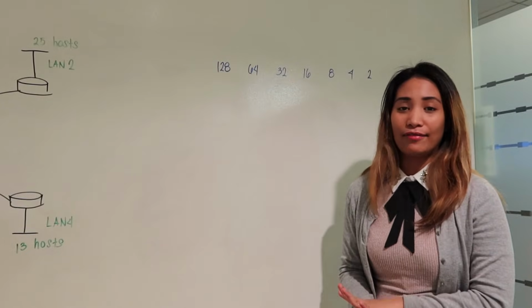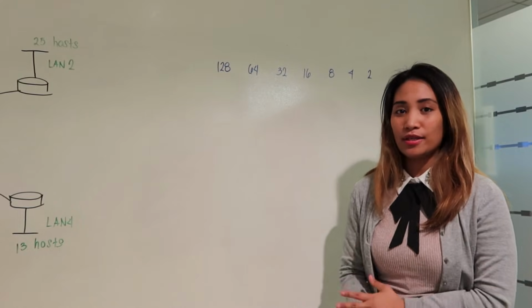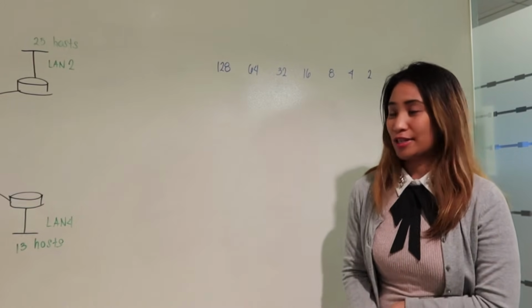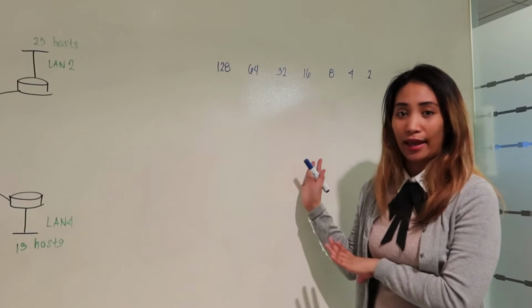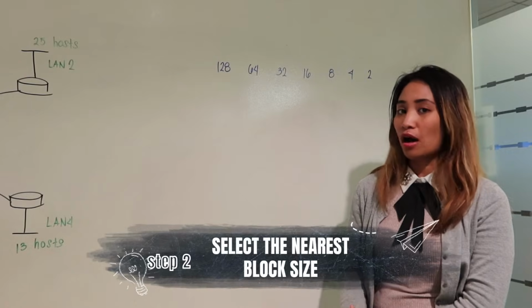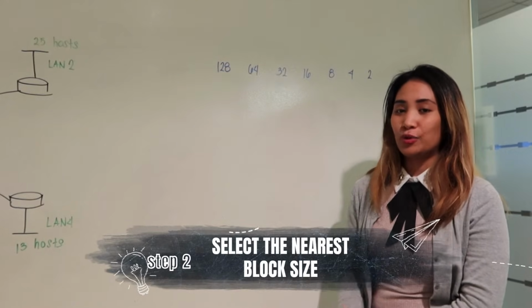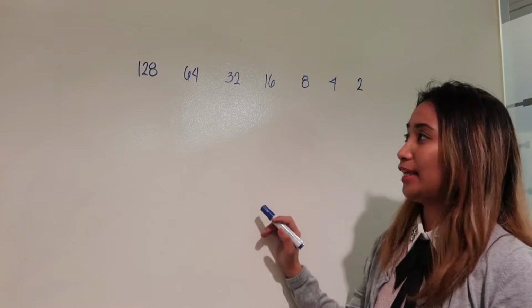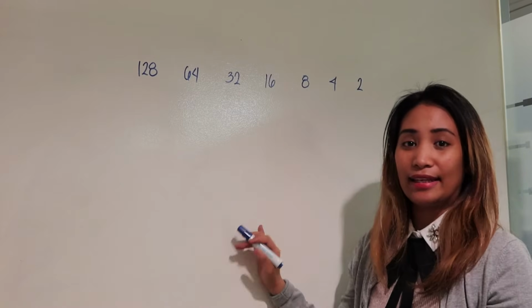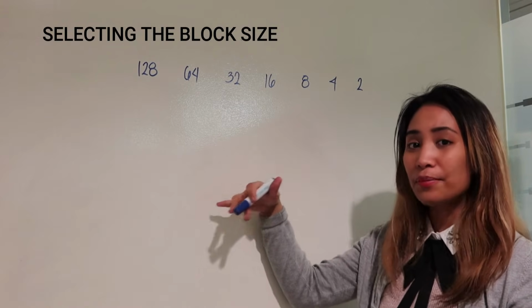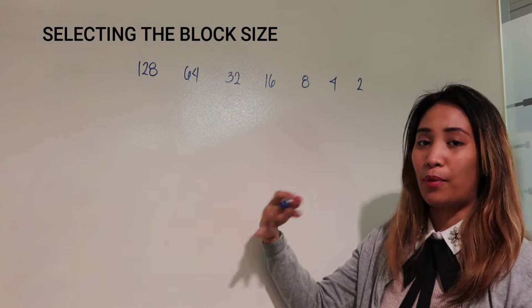Now that we have identified that 29 hosts is the most number of hosts in the given network, let's go back to our binary chart and move on to the next step, which is to select the nearest block size that could accommodate 29 hosts. Let us see what block size would fit 29 hosts appropriately.